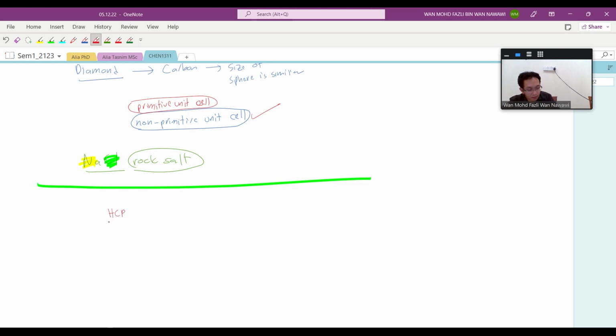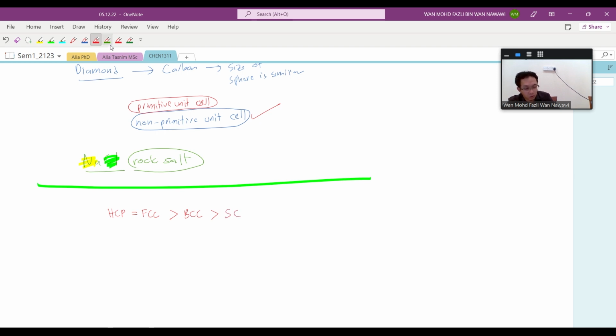We know that HCP, hexagonal close packing, has an atomic packing factor equal to the FCC, and this FCC has a higher atomic packing than the BCC, and BCC has a higher atomic packing than the SC.